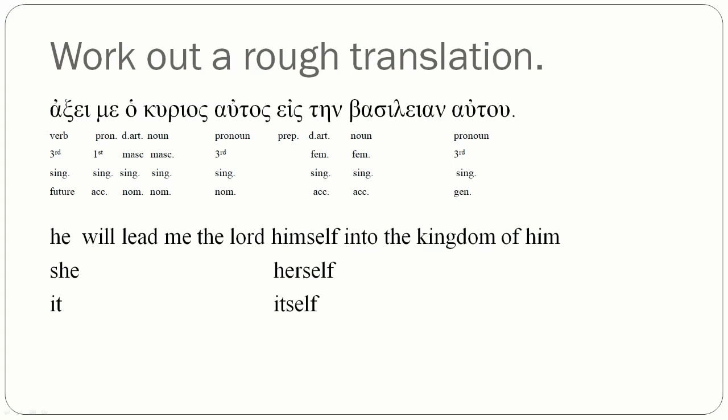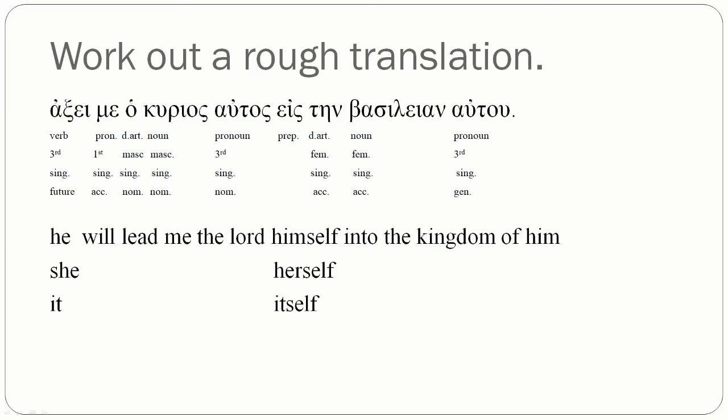Once you have the forms, you can start working out your translation. Axei, he, she, or it. Future will lead. Okay, so he, she, or it will lead me. Ho kurios autos is the Lord.